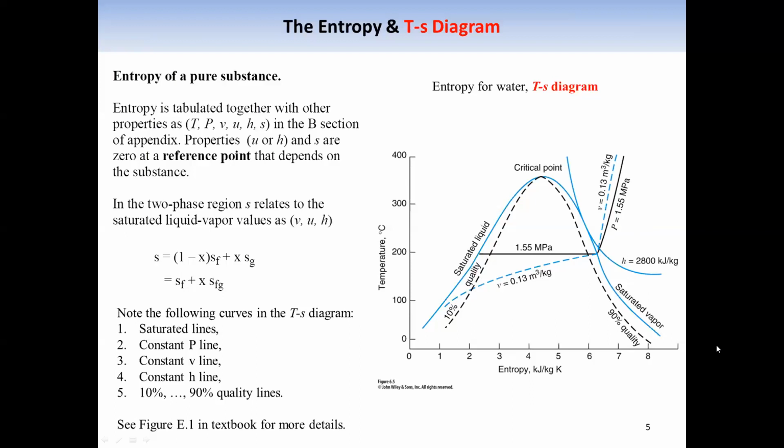And we can also construct a constant enthalpy line like this. We can also construct a 10% quality line like this, or an 80% quality line like this, or a 50% quality line like this.